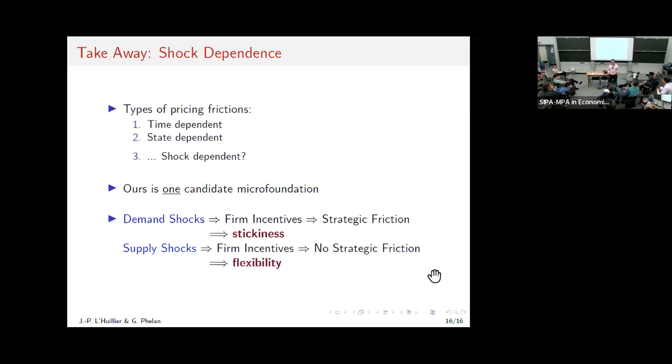I guess the more general point is, what's exciting to me is the idea of shock dependence in general. Totally. And yeah, here's one model that we thought about, I need to think about it.